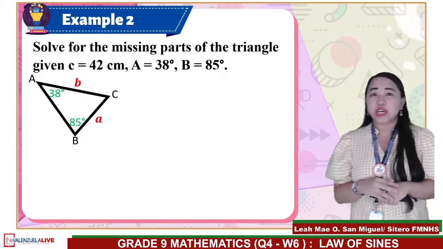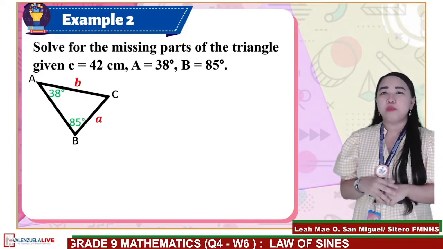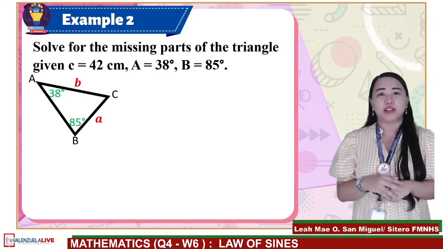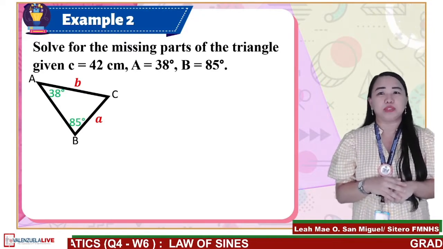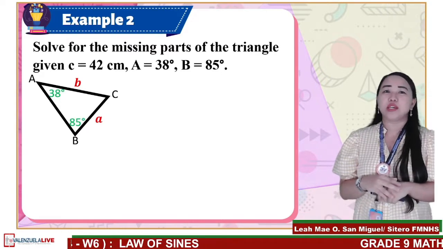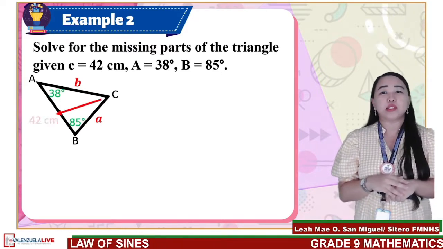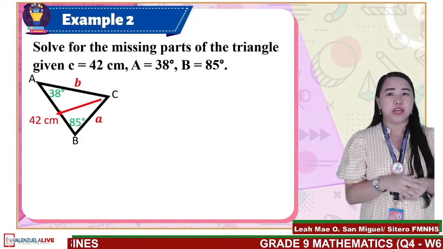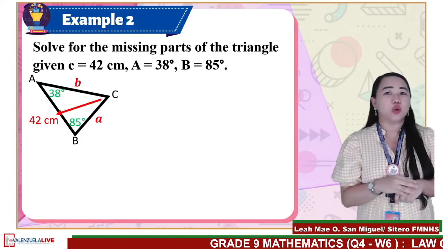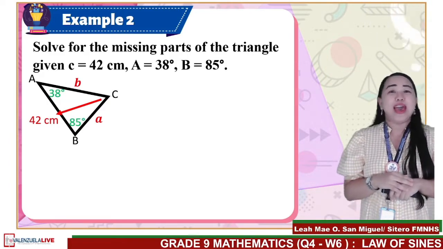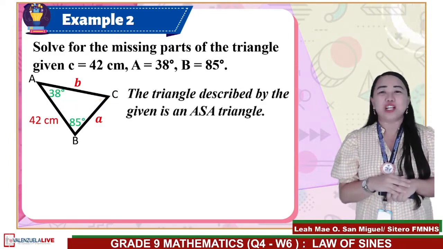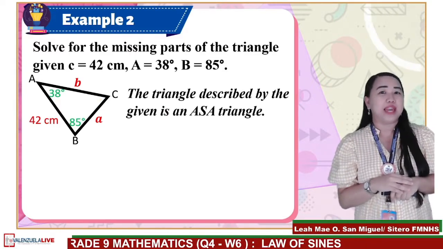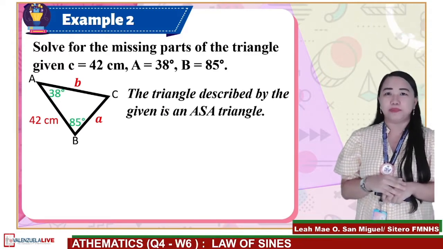You can sketch it in any way as long as the label of measurement is correct. According to the given, since the length of side c is given, it is the opposite side of angle C. Side c is the included side between angle A and angle B. Thus, the triangle described is an ASA triangle.